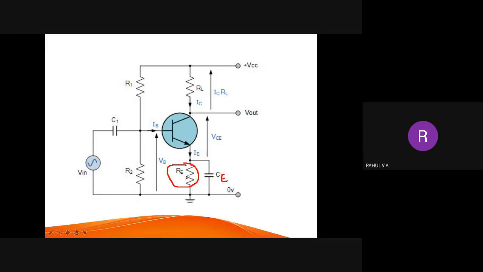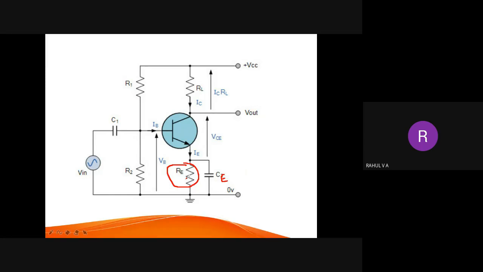RE is used to improve the stability of the transistor. Same time parallel with the CE. When RE is used, there will be some losses. സ്റ്റെബിലിറ്റി കൂട്ടുമ്പോൾ അവിടെ കുറച്ച് ലോസസ് ഉണ്ടായി. ആ ലോസസ് മൈനസ് ചെയ്യാൻ വേണ്ടിയിട്ടാണ് ആര് യൂസ് ചെയ്തത്? CE യൂസ് ചെയ്തത്. So അത്രയും പഠിച്ചാൽ മതി.